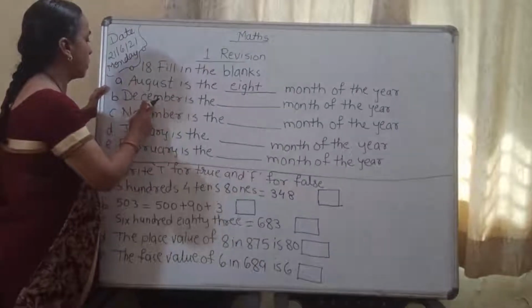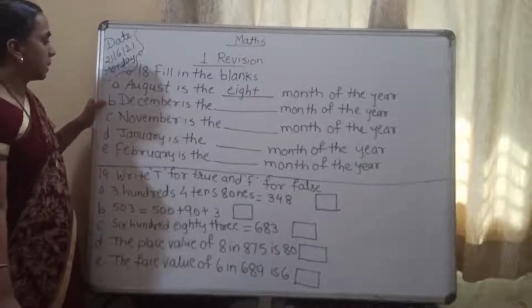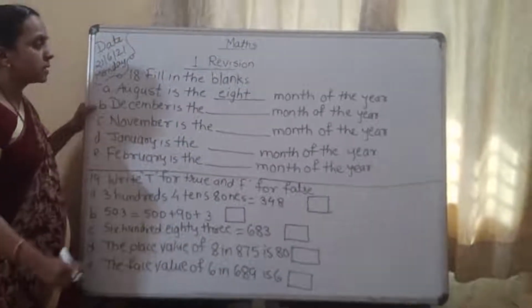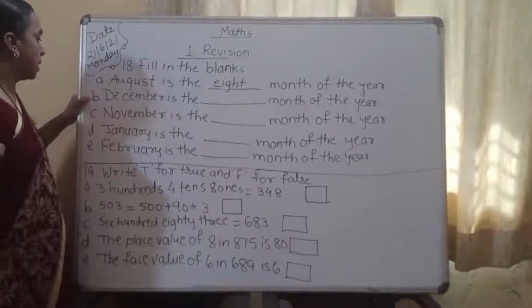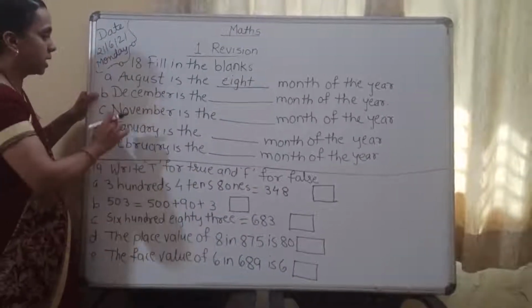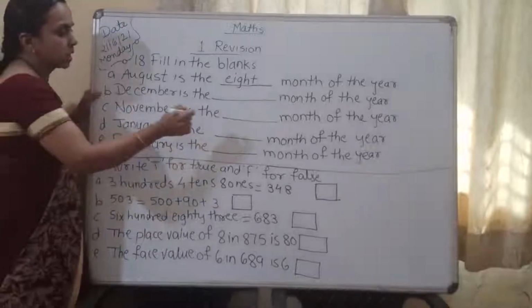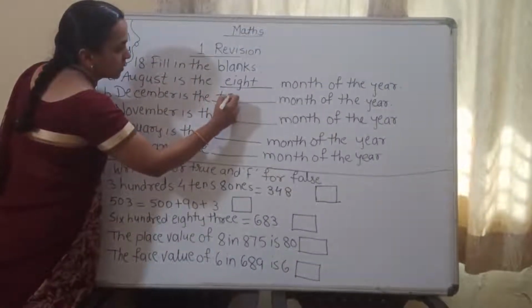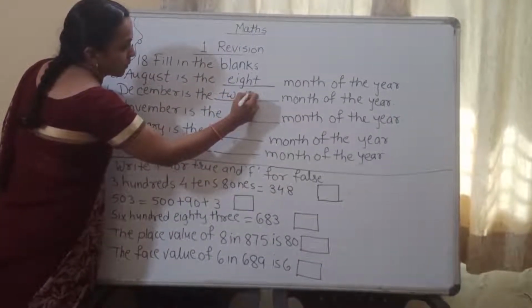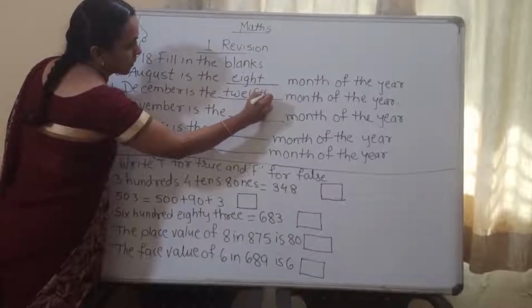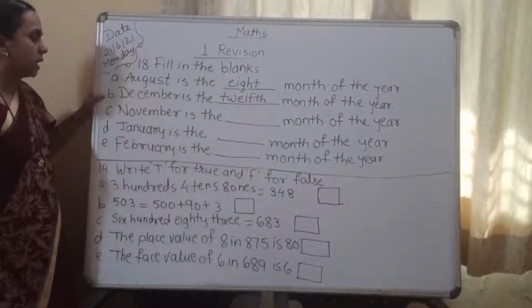Okay. Now see, December is the dash month of the year. So we have to write down here December is the 12th month of the year.